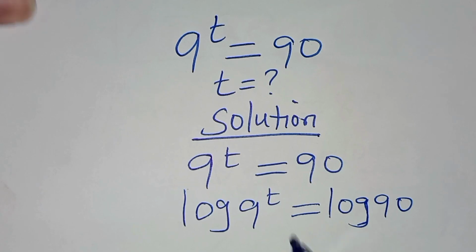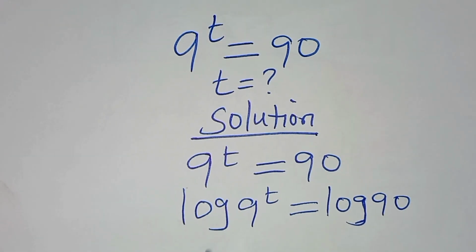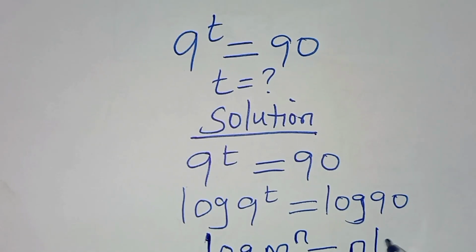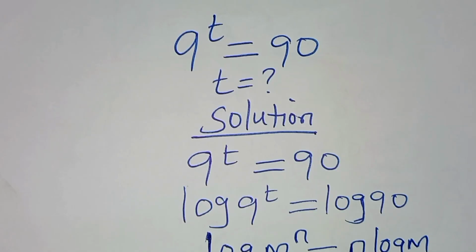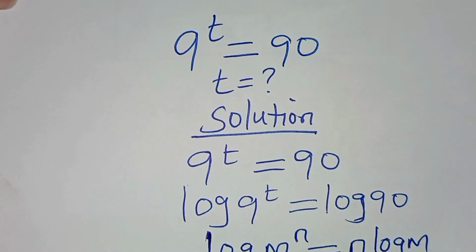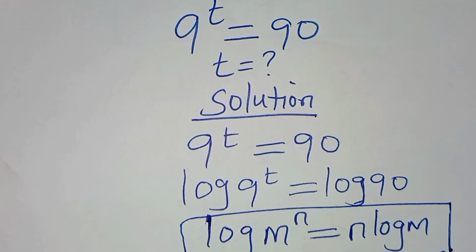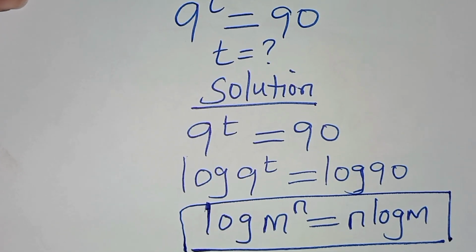The next step here, log 9 to power t is in the form of log m to power n, which we can express as n log m. Applying this power rule property, log 9 to power t can be expressed as t log 9, and this is equal to log 90.